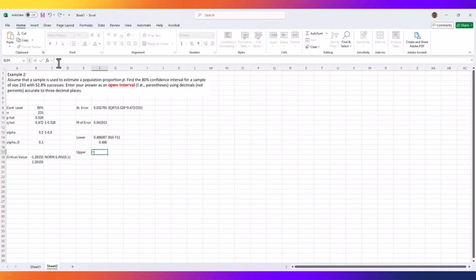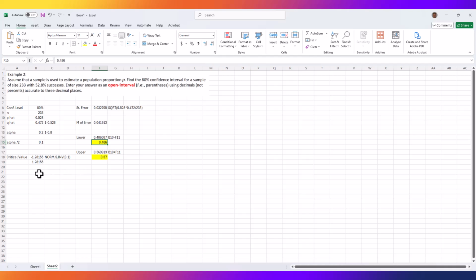And then for our upper bound, we take the P hat and add the margin of error. 0.5699. So since it's 5, 6, 9 followed by a 9, that 9 goes up to a 10, so the 6 goes up to a 7. So here is one value, and here is the other value.